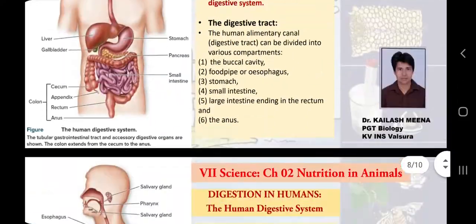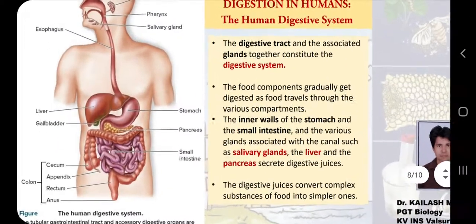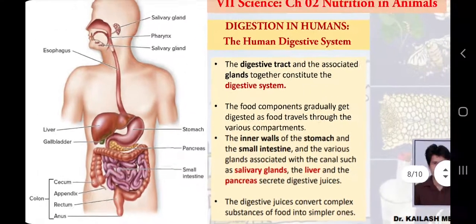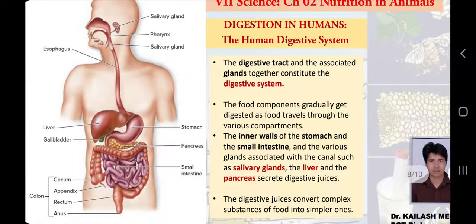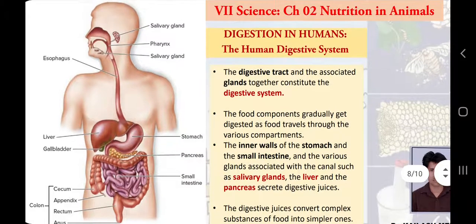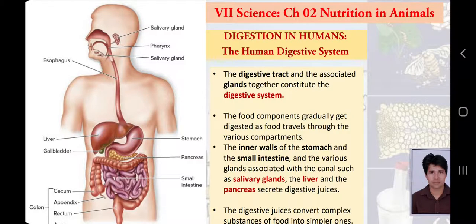So what are the glands? The food components gradually get digested as food travels through the various compartments. The inner wall of the stomach and the small intestine and the various glands associated with the canal, such as the salivary glands, the liver and the pancreas, these three glands discussed here, secrete digestive juices.